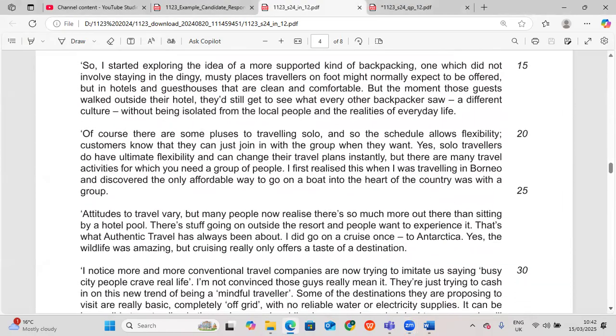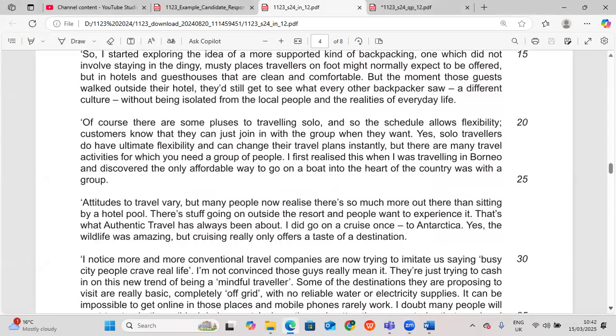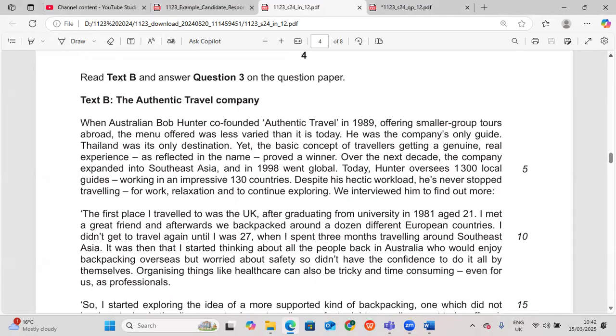I'll scroll down to the rest of the paragraphs. The possible points that could be part of a summary, I'm just going to highlight those.